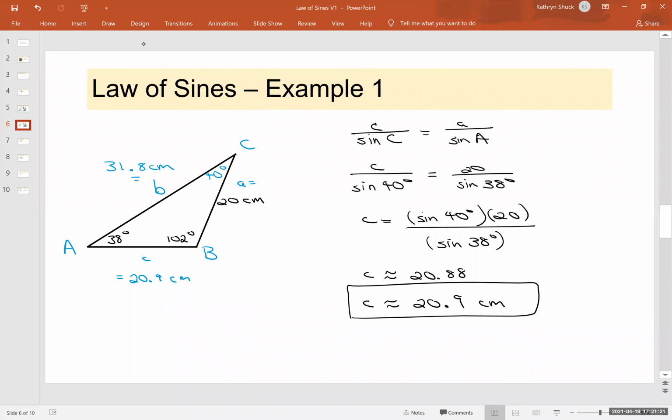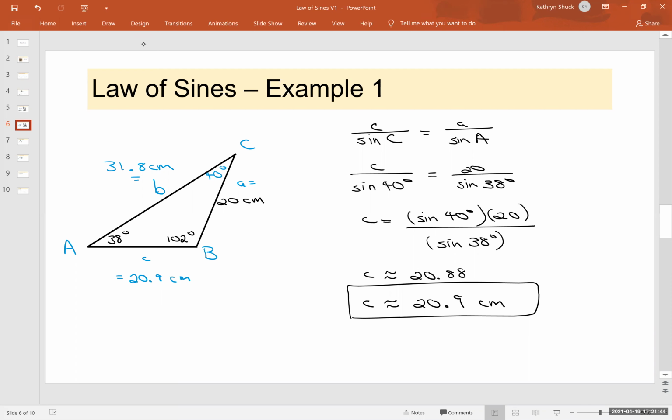One little sanity check, a reasonableness check, is that the largest angle, the 102 degrees, needs to have the longest side opposite it. So opposite the 102 degree angle is my 31.8 centimeter side, which is the longest side. So that jives.